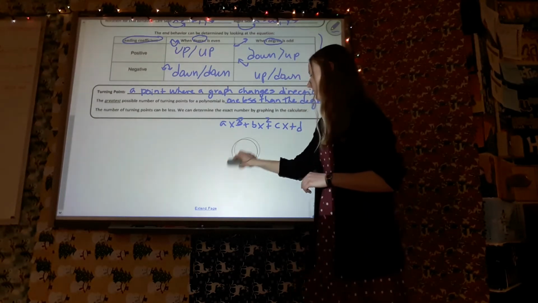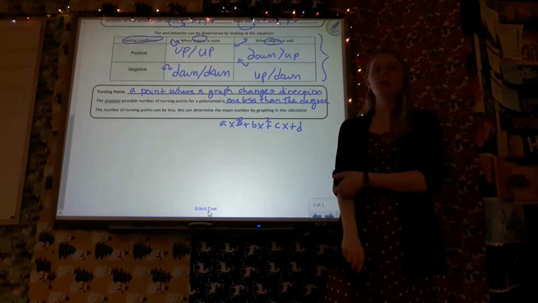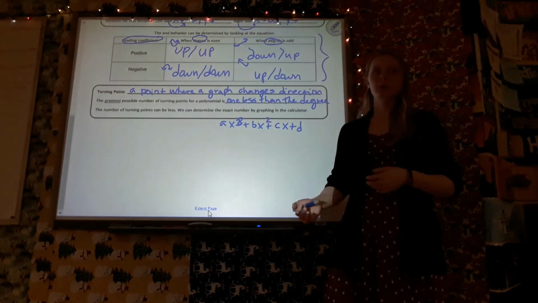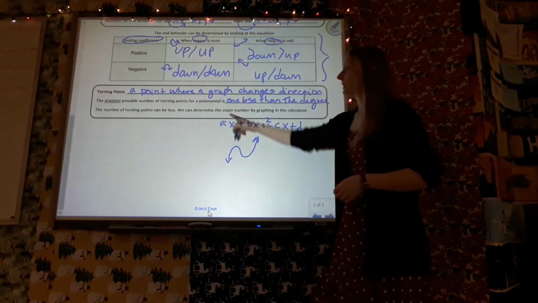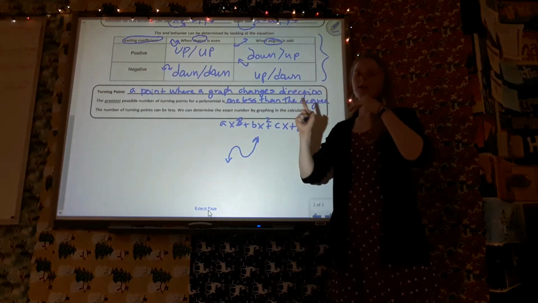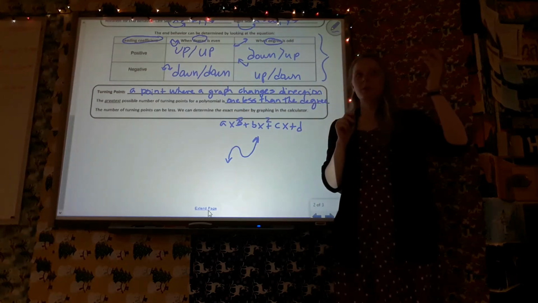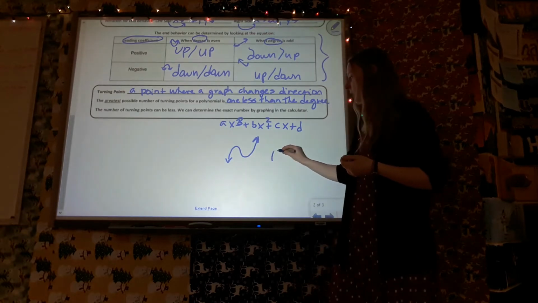What's the degree? The degree is now 3, so what's the greatest number of turning points? 2. So it could look like this. However, it could be less, right? So that whole trick, the 1 less, tells you the greatest possible number. So the greatest possible number would be 2 turning points, but you could also have 1.